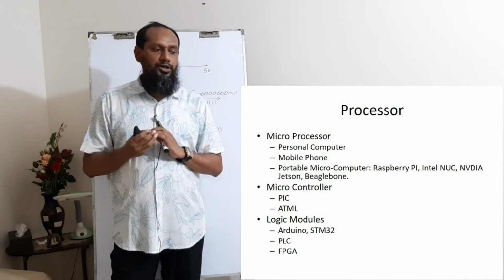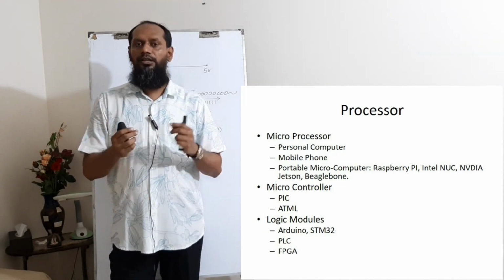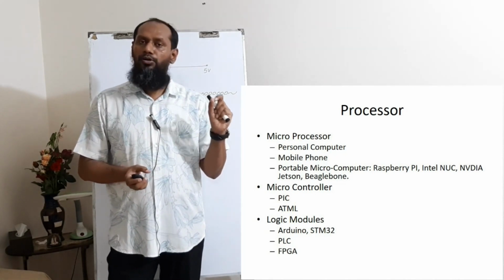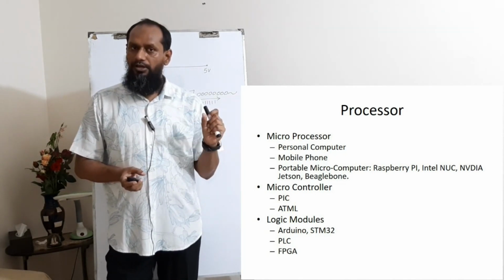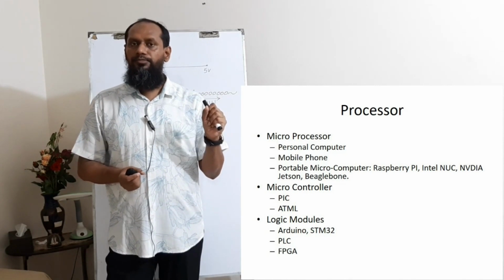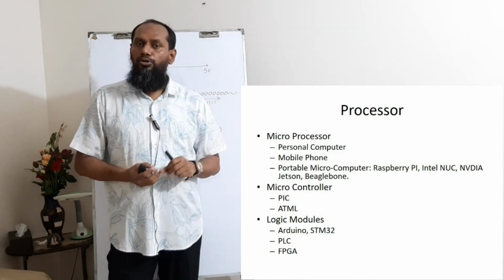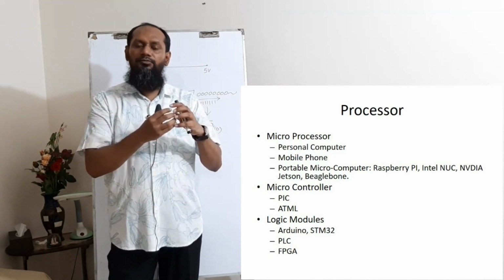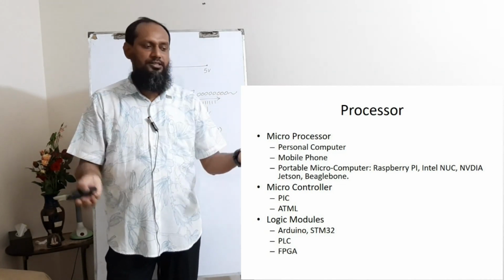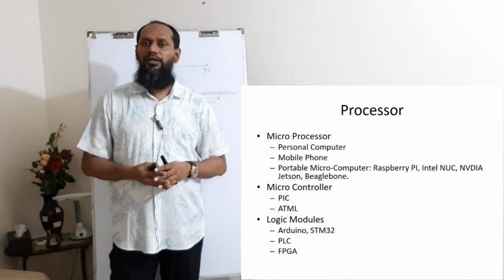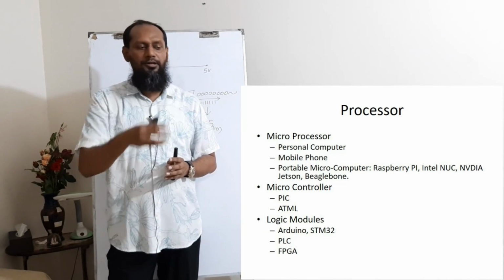One is Arduino and STM32. These are very small, low power, cheap microcontroller-based trainer boards, so we can build any digital system very easily with them. In STM32, maybe the IoT device is already built in.